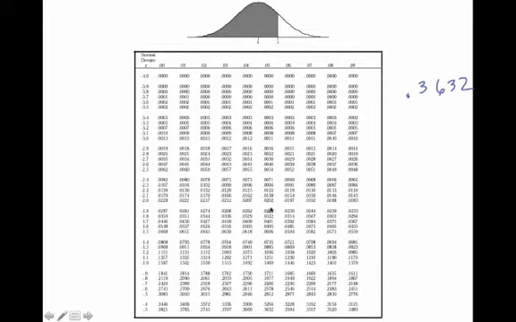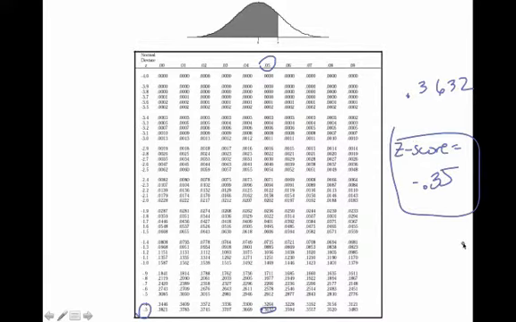Oh, it's all the way down here. So here is 0.362. The z-score that corresponds to it is negative 0.3 and 0.05, for a z-score of negative 0.35.